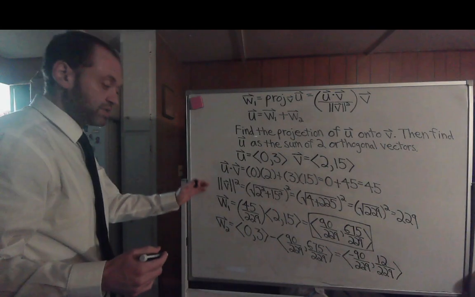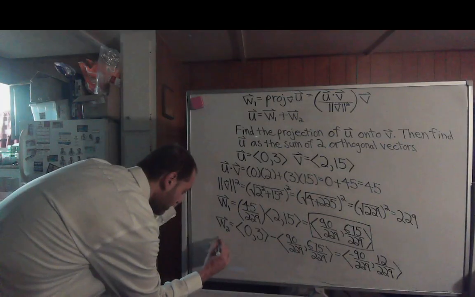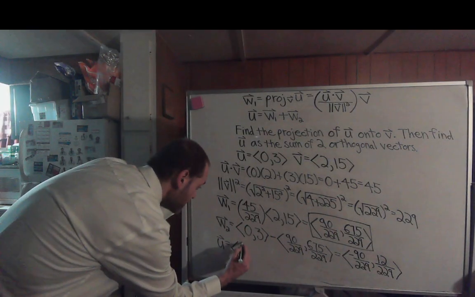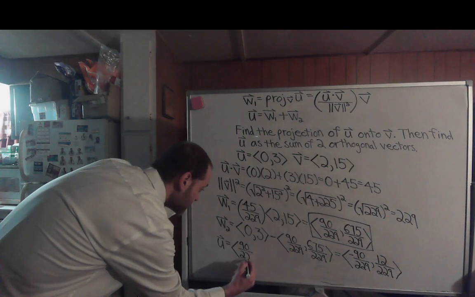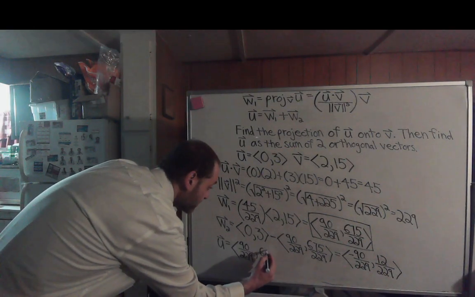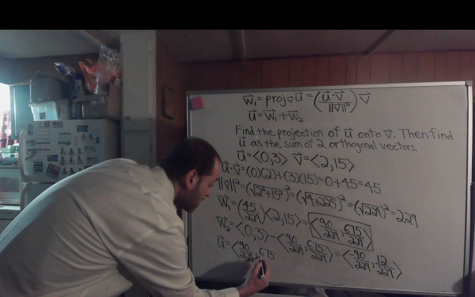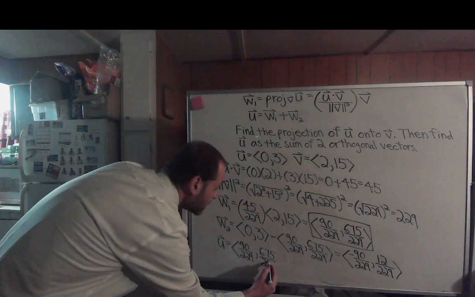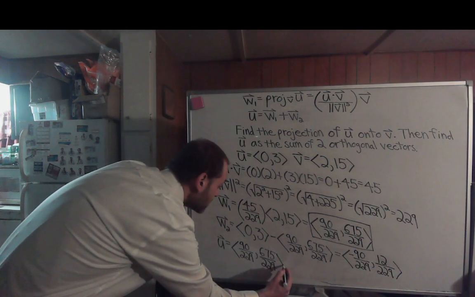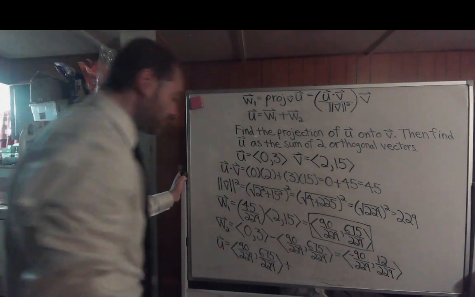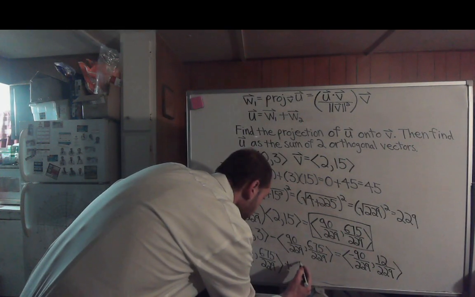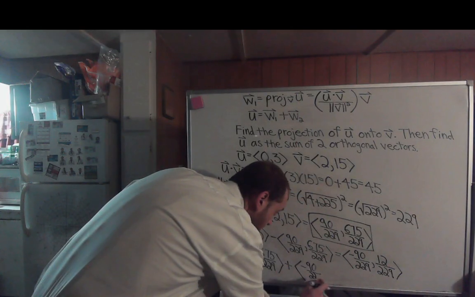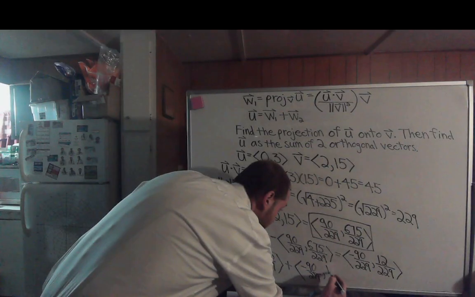So now that we have both W sub 1 and W sub 2, we can write vector U to equal, let's see, W sub 1 was 90 229ths, 675 229ths, plus we have then negative 90 229ths, 12 229ths.